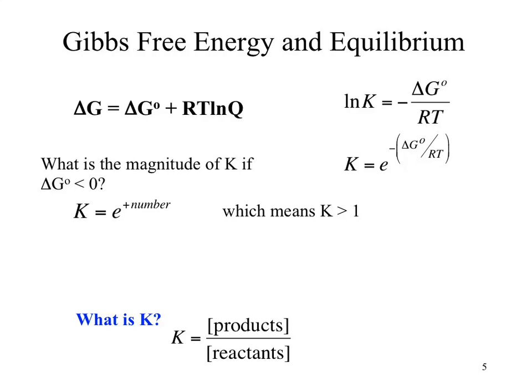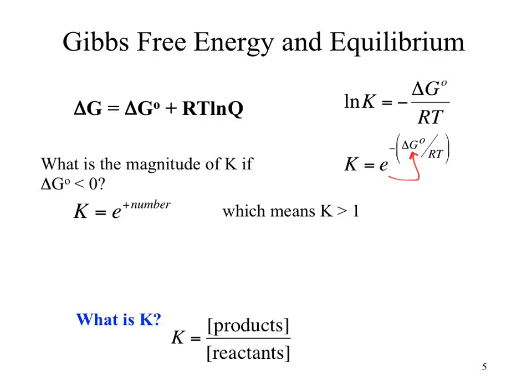Delta G less than 0. What's its sign? Negative. So if we plug in a negative number right there, what do we get? Positive. K will equal e to some positive number. We don't know what it is. What does that mean K becomes? Greater than 1, which matches with our initial assessment.